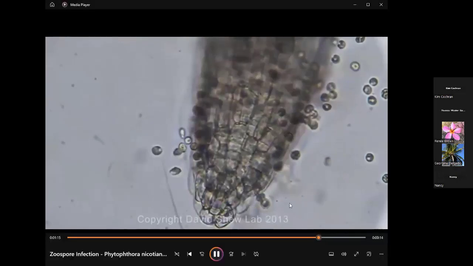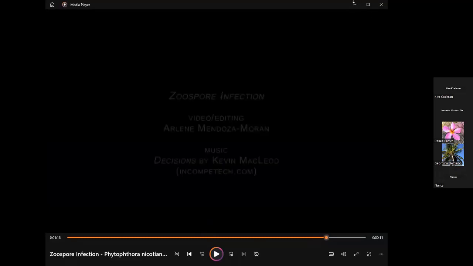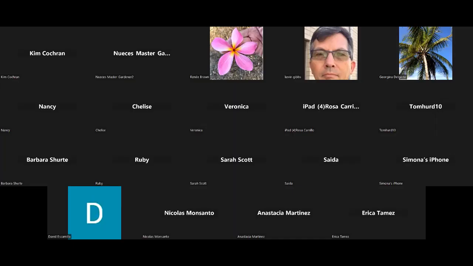So we go from a free-swimming, mobile zoospore to acting a little more like a traditional spore or a conventional spore, right? Pretty wild stuff. So oomycetes are very different from true fungi on a physiological and metabolic level.